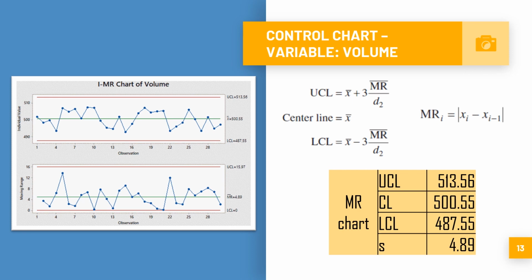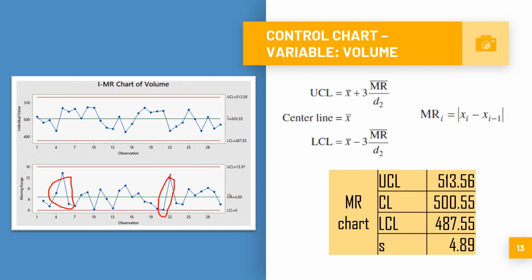The individuals moving range control chart represents the process variability and the process mean. In this case, the process mean is set as in control according to the Western Electric rule. However, in process variability, there are two distinct points that represent a high variability, which are process number 5 and also process number 22.